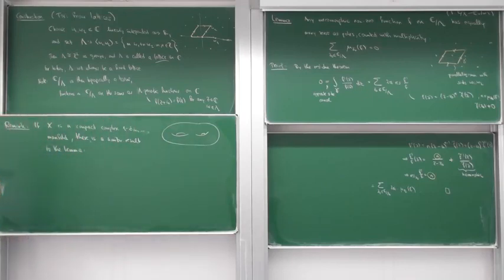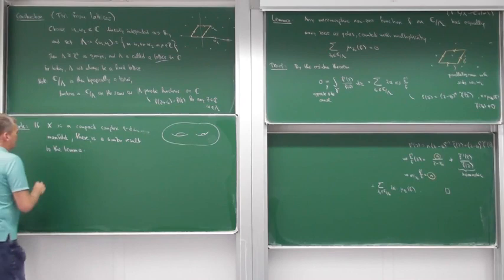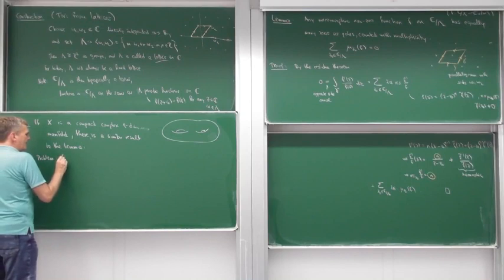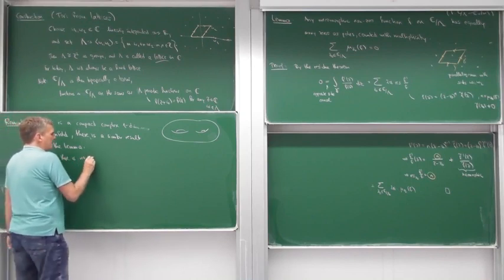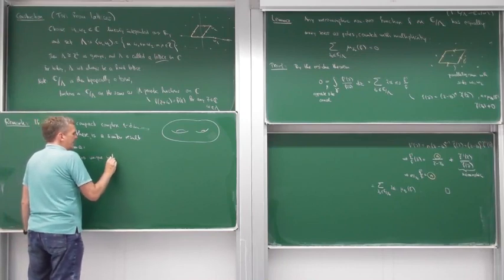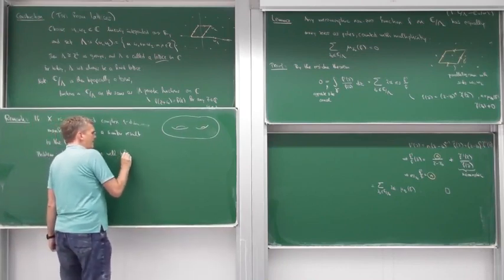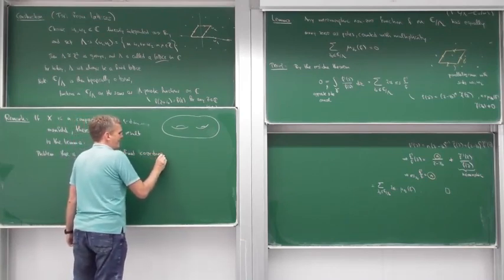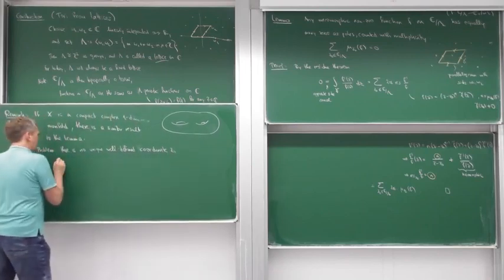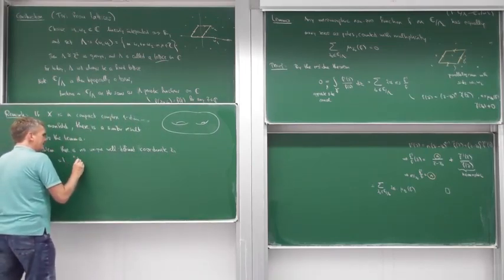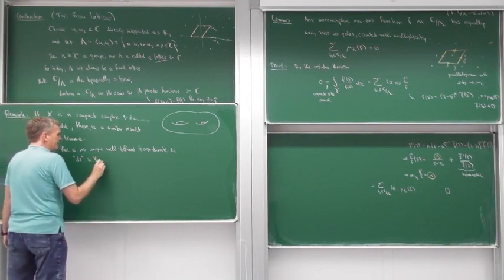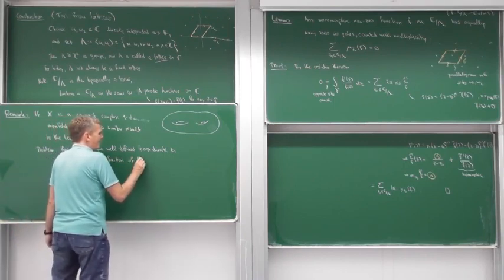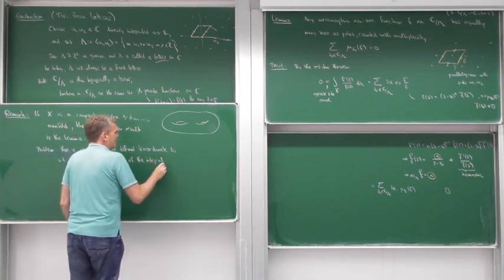So the way around this is to consider so-called differential forms. The problem is that there is no unique, well-defined coordinate, so something like a dz in the definition of the integral does not work.